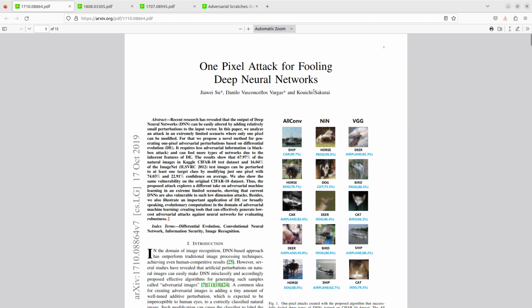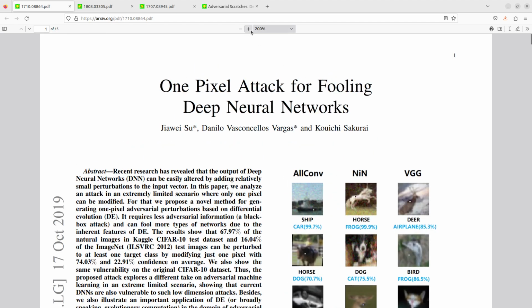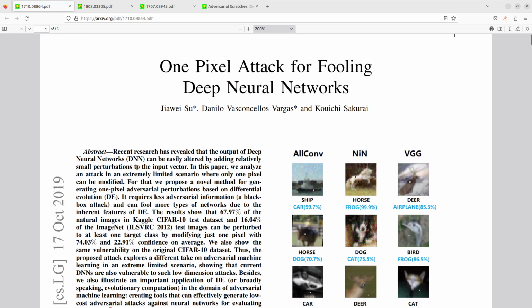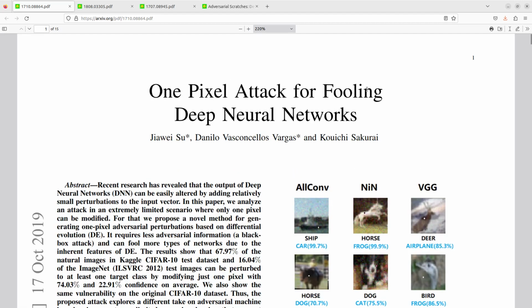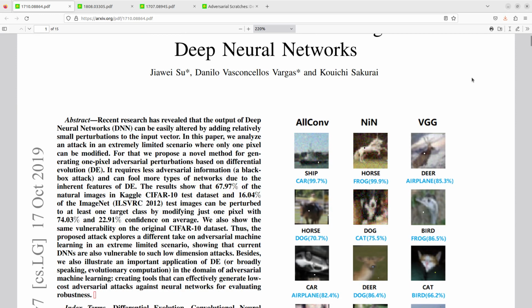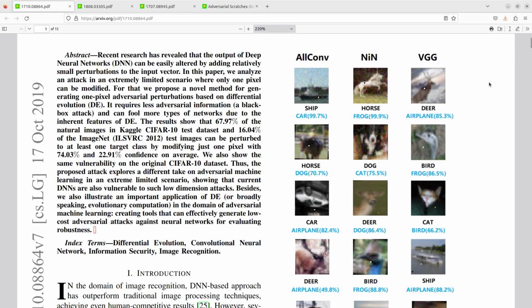For example, the 1 pixel attack is a very famous example. This is also an archive paper, okay, that you can go and check and is publicly available. And these people basically used something called generative adversarial networks to modify images from one very famous image dataset called CIFAR by just changing 1 pixel in every image.